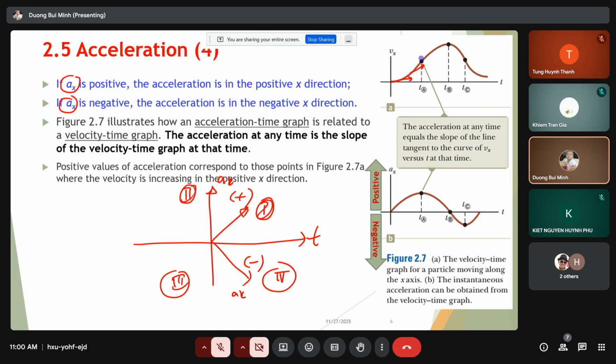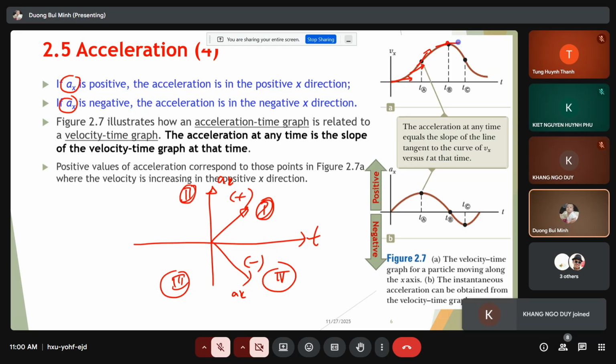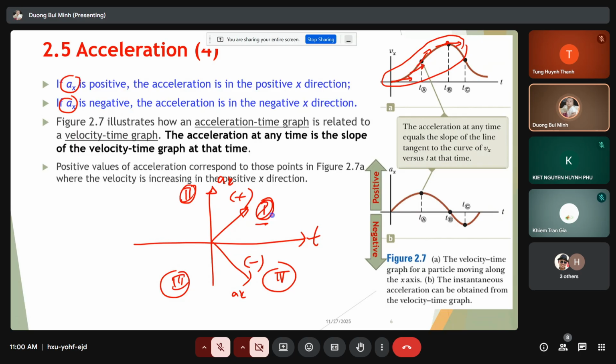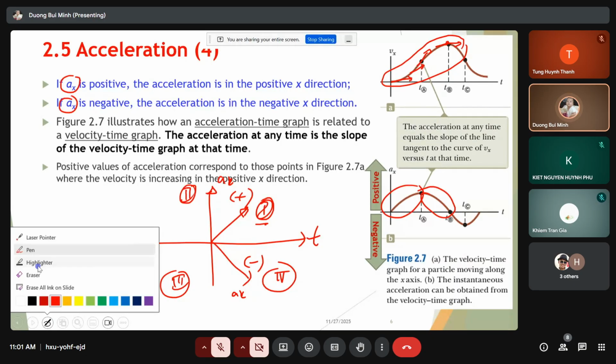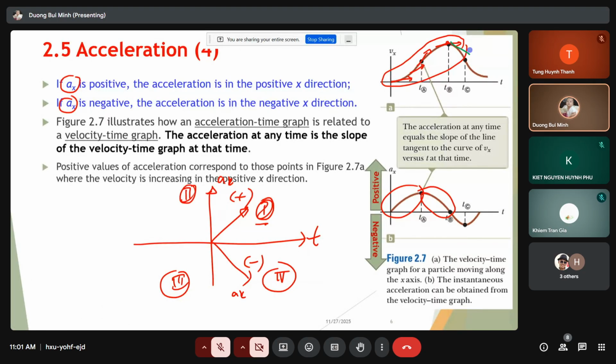The slopes here will be in the first quadrant, so ax is positive. Here, the slopes of the velocity are like this, so all slopes here belong to the last quadrant. So ax will be negative.